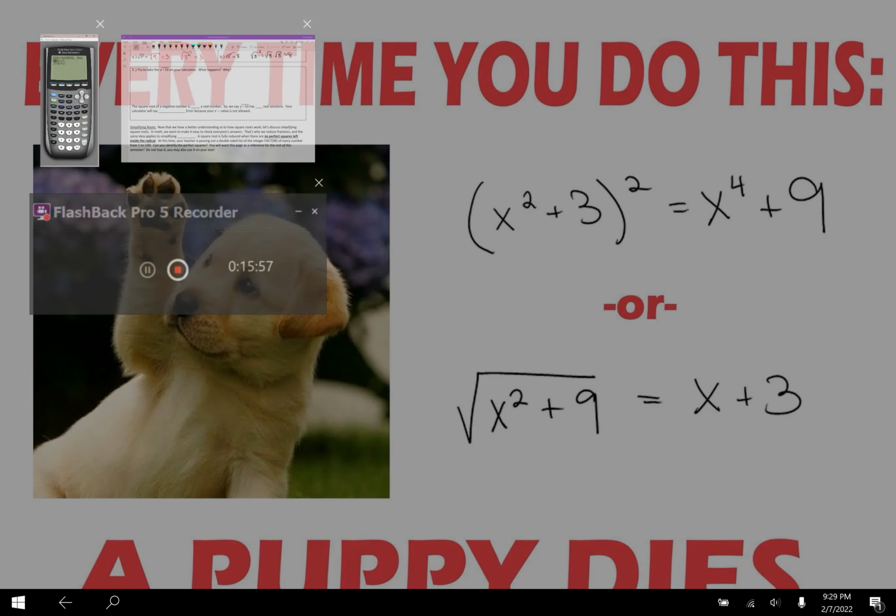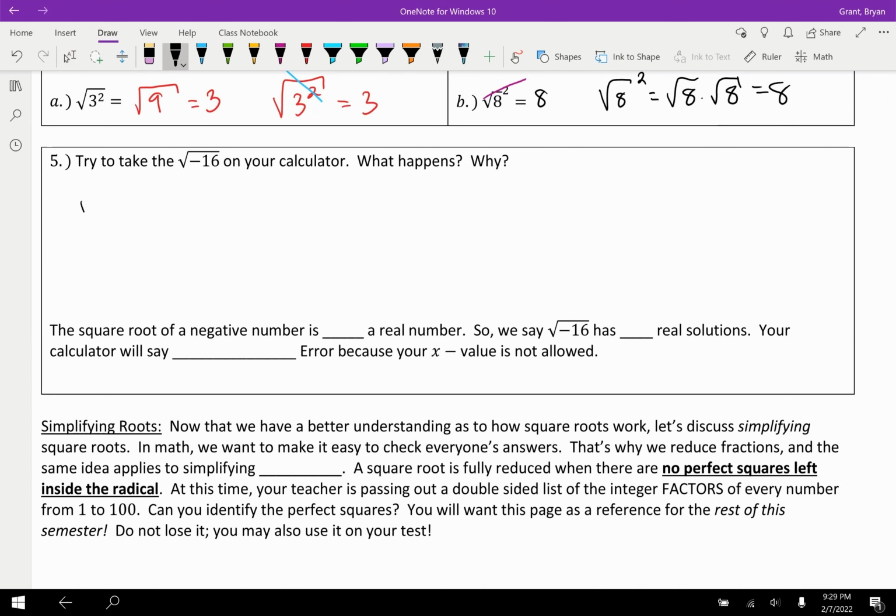Well, that's weird. I might as well write that over here. So our calculator said the square root of negative 16 is a non-real ANS. I bet we can finish that off with the answer. Non-real answer. Huh. Well, that is because the square root of a negative number is not a real number. Do you see why?